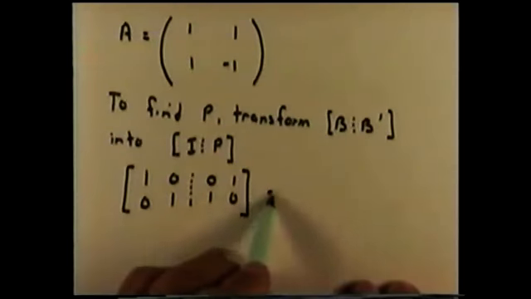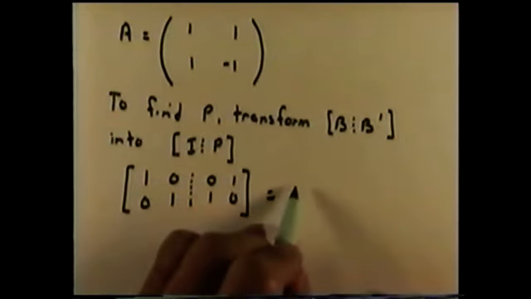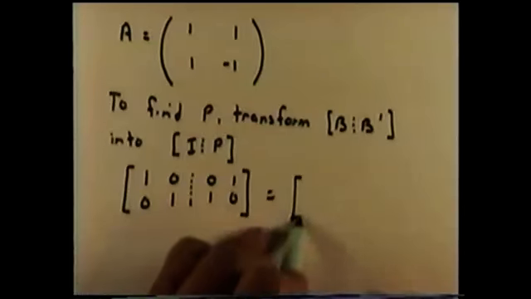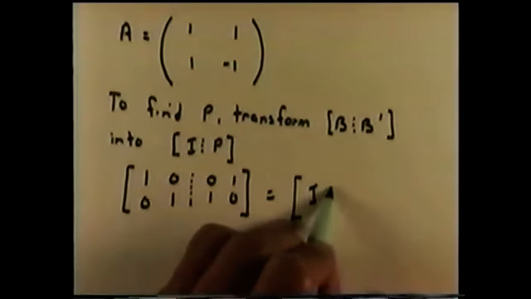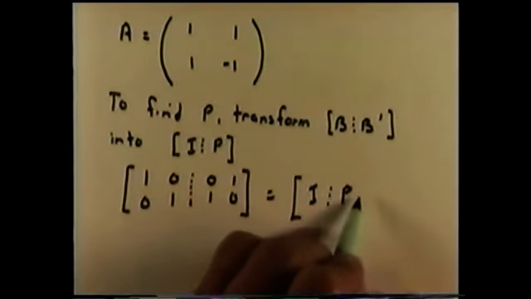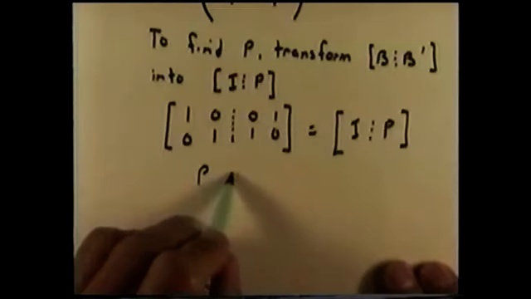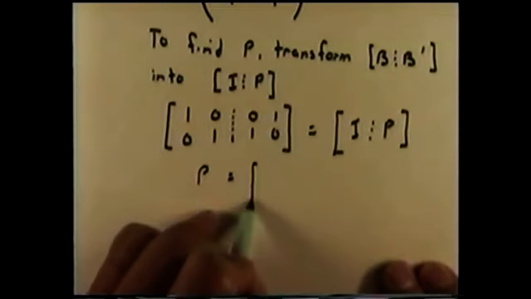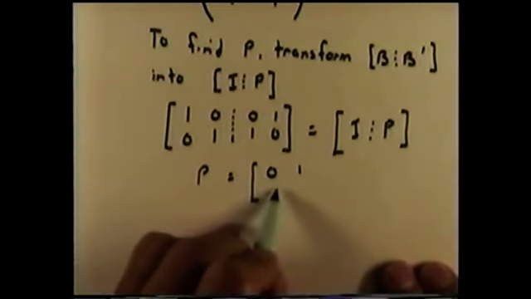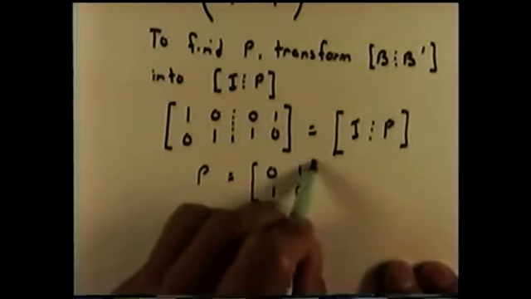Well, we already have the I here. So that's already of the form I P. So we can see that P is equal to 0, 1, 1, 0.